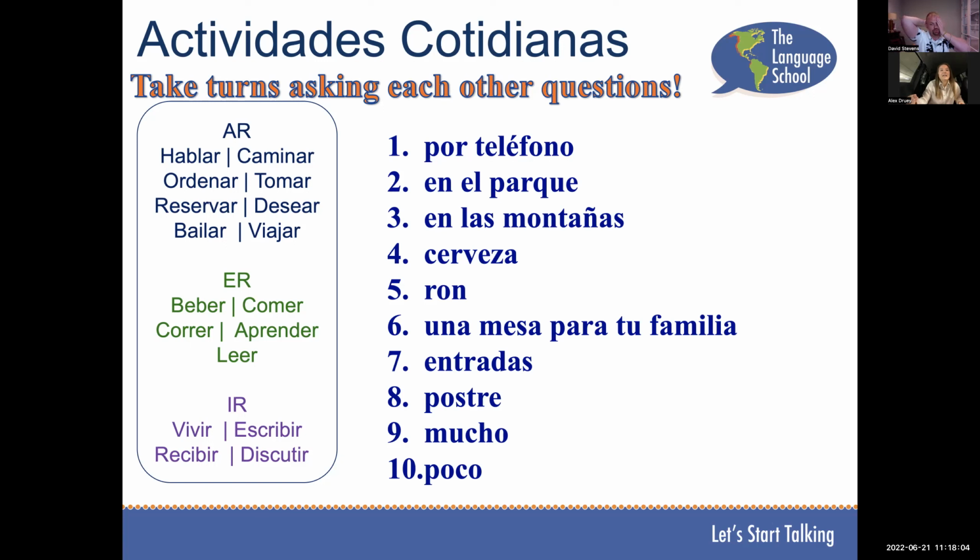No, no deseo ron. ¿Reservas una mesa para tu familia? No, no reservo una mesa para mi familia. ¿Ordenas entradas? Sí, ordeno entradas. ¿Ordenas postre? Sí, ordeno postre. ¿Caminas mucho? Sí, camino mucho. ¿Deseas poco? No, yo deseo mucho.